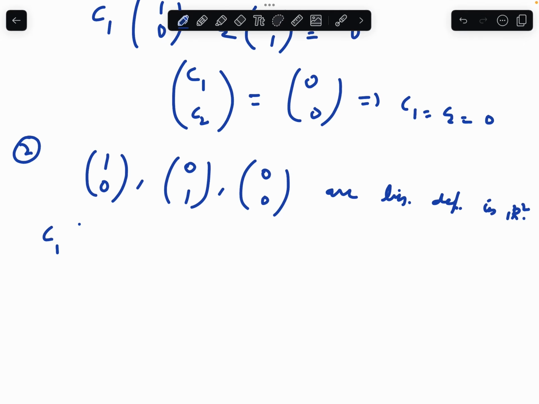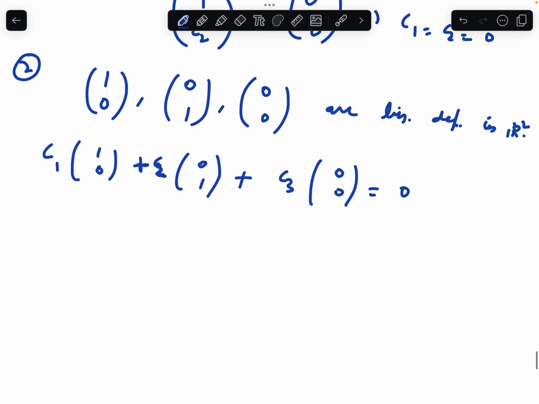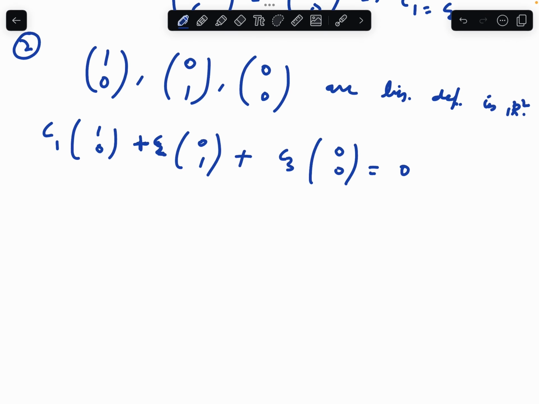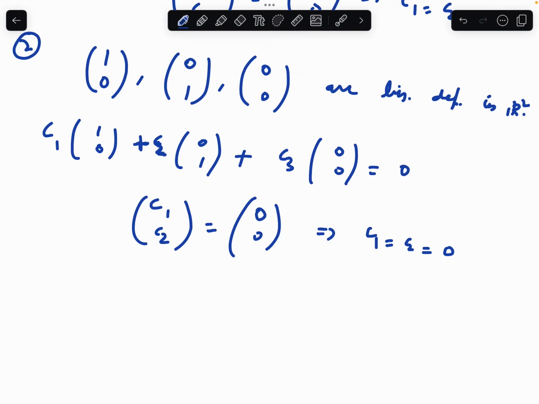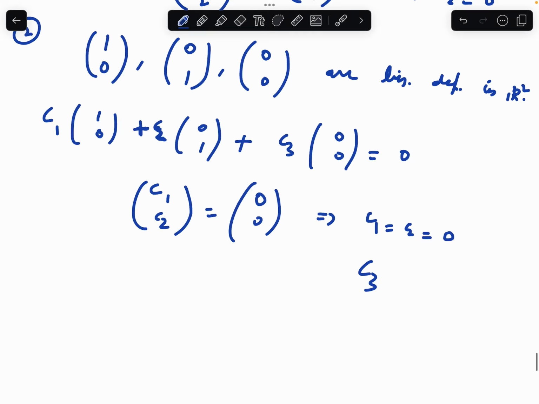If I write this now, with C3, then what do we get? This term is 0, right? So we get this only, and this is giving us C1 equal to C2 equal to 0. But what about C3? C3 doesn't have to be 0, right? C3 is not necessarily 0.